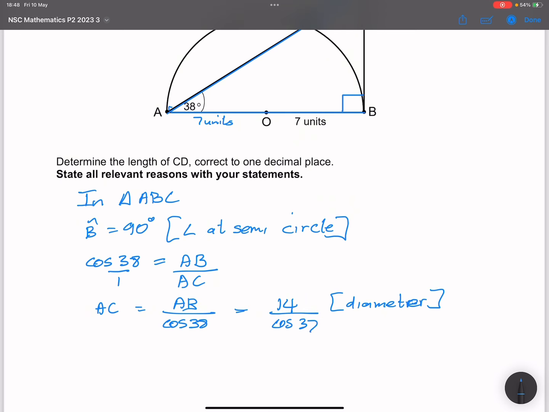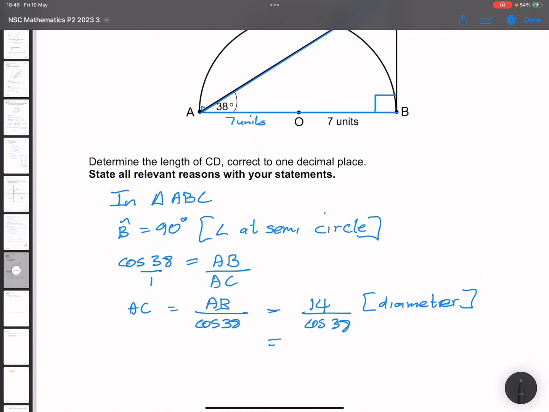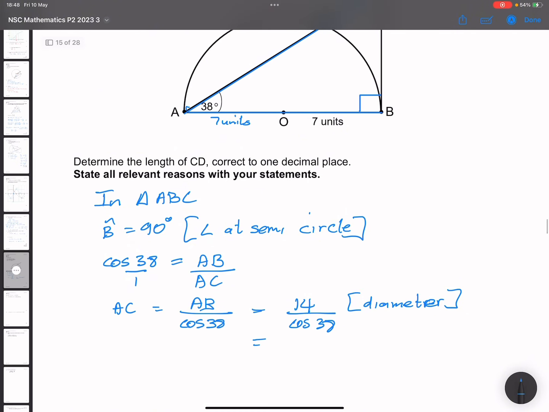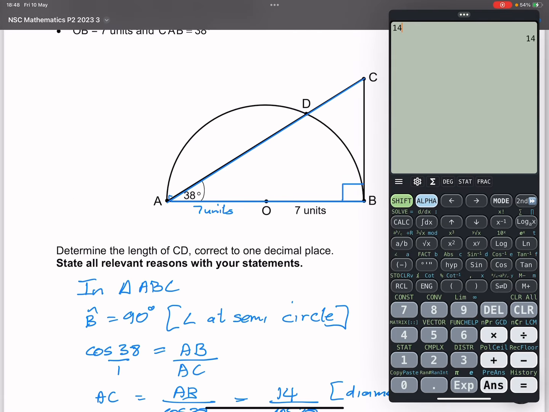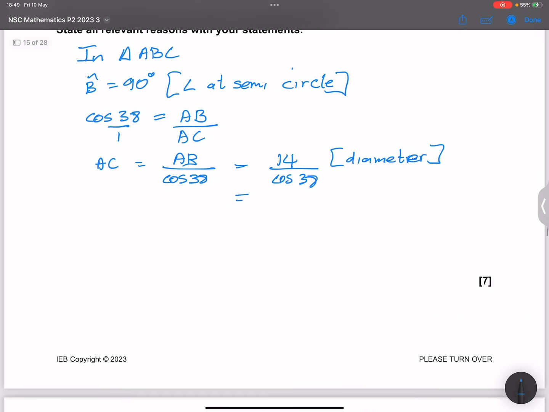Right, so I'm going to calculate that quickly. So that's 14 divided by the cos of 38. That's 17.8. Okay, so I'm going to say that's 17.8 units, right?